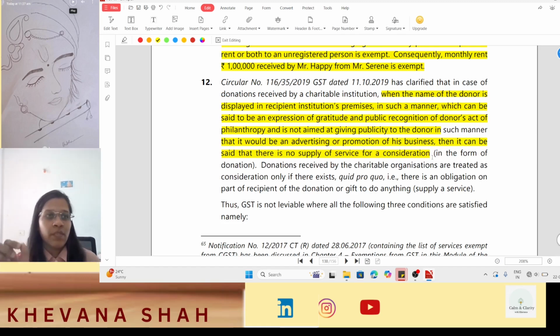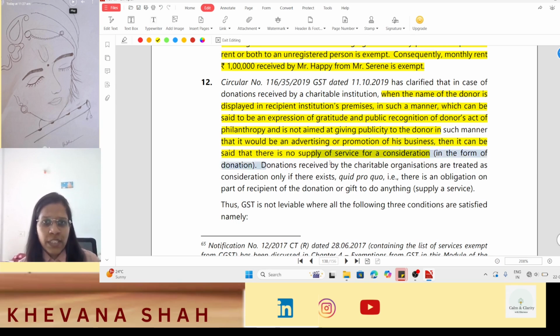So in the first case, wherein just the name of the donor is written, that is not a case of advertising or promoting the business. It is just an expression of gratitude, so in that case it will not be leviable to GST.